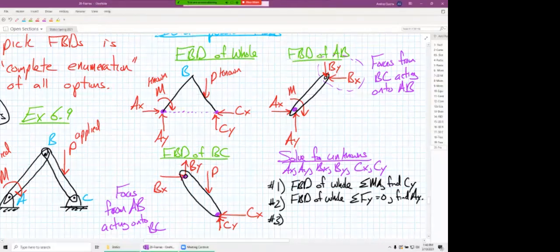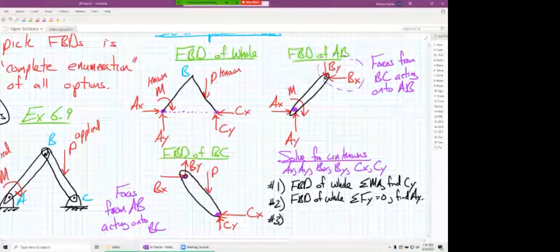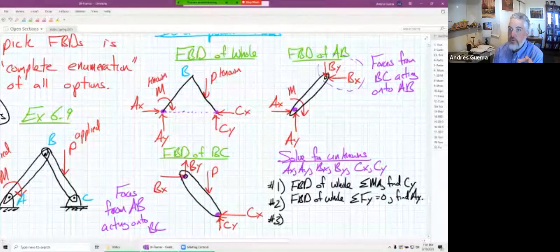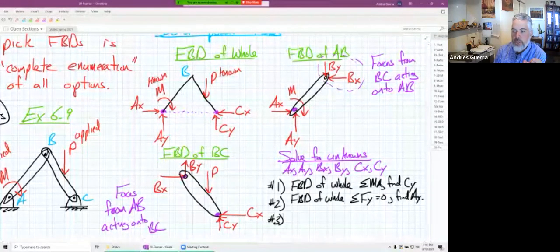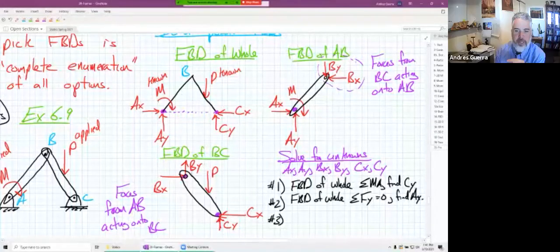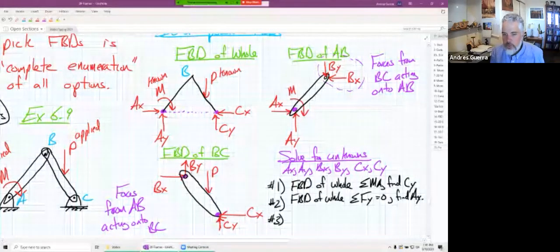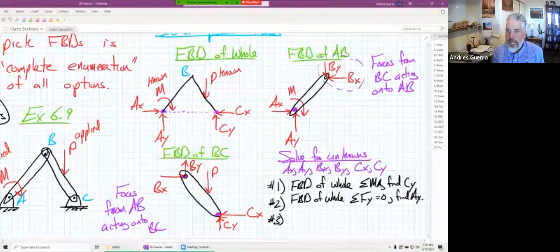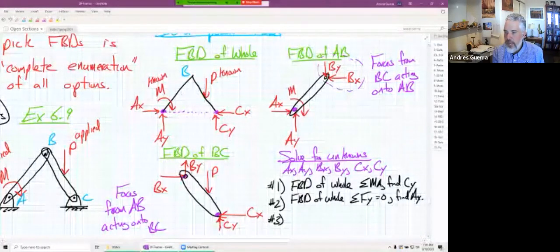Would we do an FBD at A? Yeah, what FBD should we use? Should we do A to B or should we do B to C? A to B. A to B, absolutely. Actually, either one of those would work. Think about this. If I do the FBD of A to B, I know AY. How many unknowns do I have here? I have 3 unknowns: AX, BX, and BY. If I do the FBD of B to C, I have CY, so I only have 3 unknowns in that one.